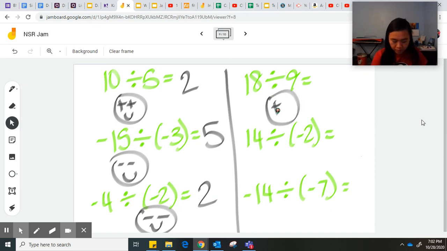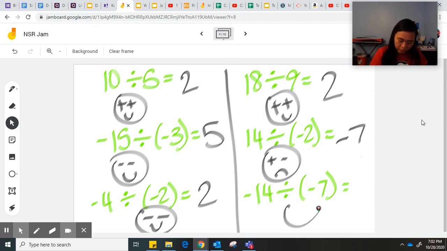Positive 18 divided by a positive 9, matching face, positive 2. Positive 14 divided by a negative 2, mismatched eyes, sad face, is going to be negative 7. Okay, negative 14 being divided by negative 7. They're both negative, but that means matching eyes, so our answer is going to be a positive 2.